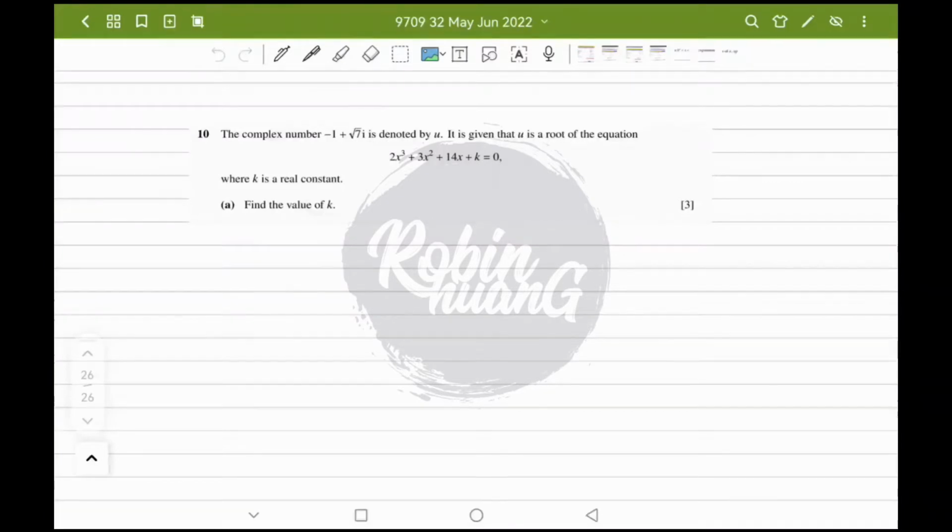So for this, since it said that u is a root of the equation, we can say that f(-1 plus square root of 7i) equals 0. So we just have to substitute x with -1 plus square root of 7i.